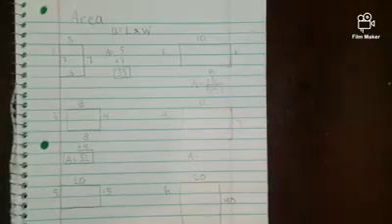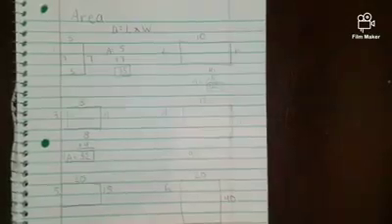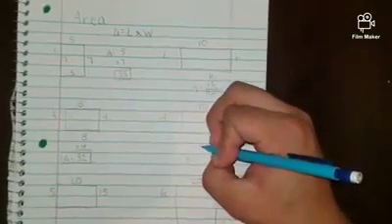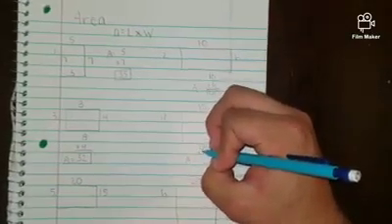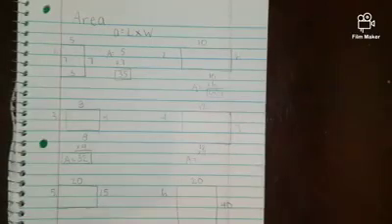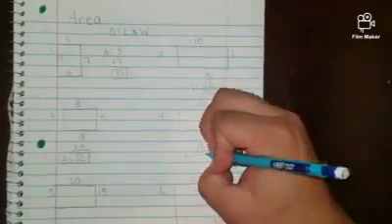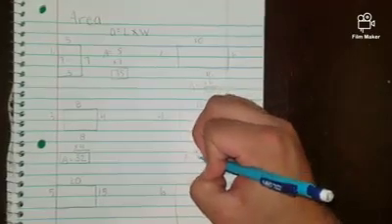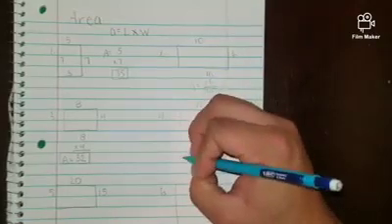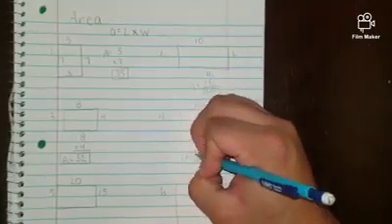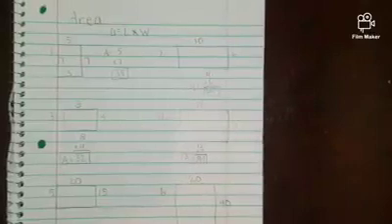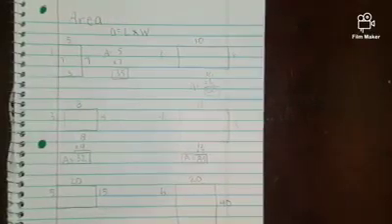For our next one, we have 12 and 7 as our sides. So we write 12 times 7, and then we multiply. 12 times 7 would give us 84 for our area. For the next one, we have 20 and 15 as our sides.